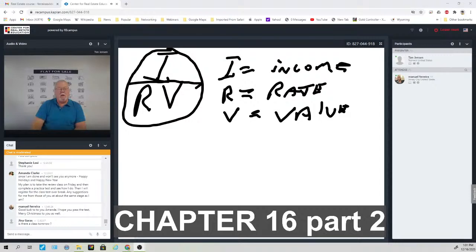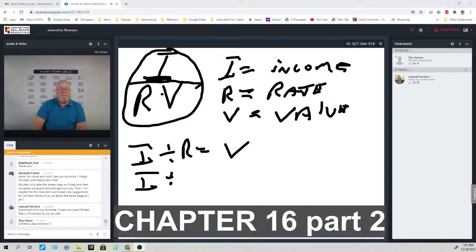Once again, looking at this diagram, IRV, when you look at it, I with a line and an R underneath it means I divided by R. Therefore, income divided by rate equals value. Income divided by value equals rate.